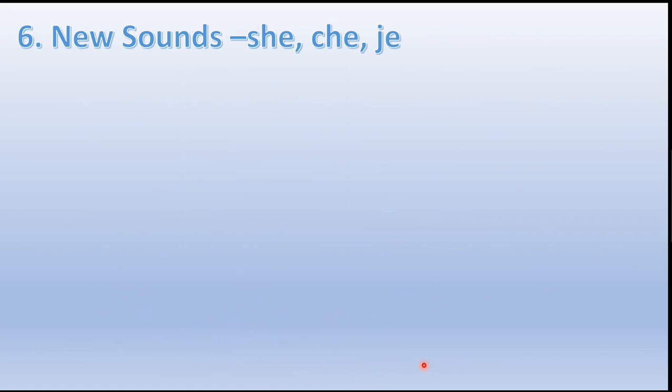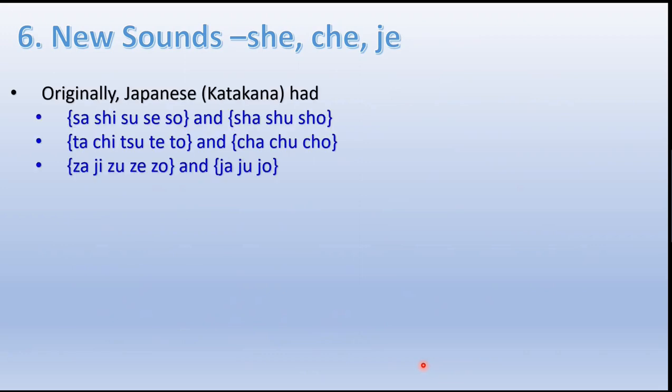Next is rule number 6, which is again three new sounds, she, che, and je. Originally, Japanese katakana had sa, shi, su, se, so, and the three blends as sha, shu, sho. Then we have ta, chi, tsu, te, to, and the three blends cha, chu, cho.